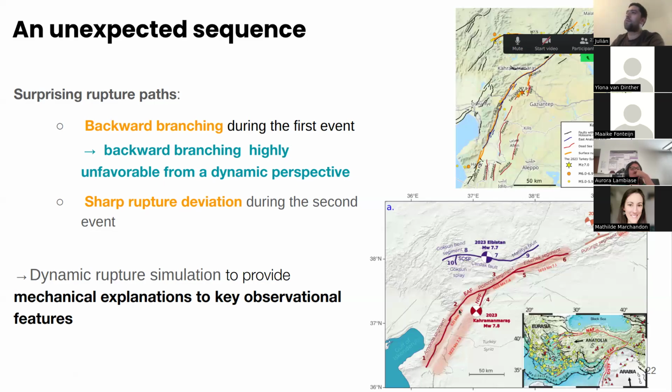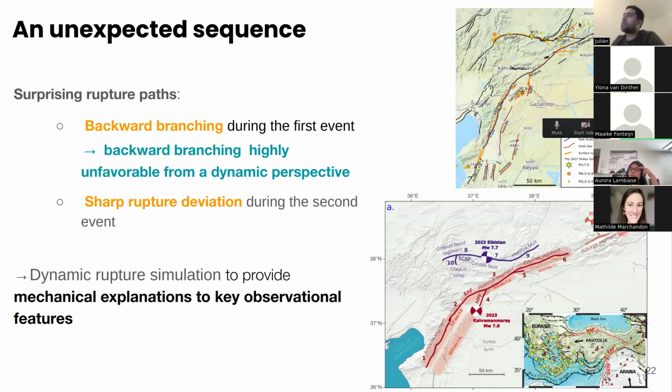And in simple dynamic rupture models that look at branching faults, this kind of fault branching is highly unfavorable from a dynamic perspective. Another surprising observation for this earthquake is that for the second event, we have a big deviation of the rupture path.